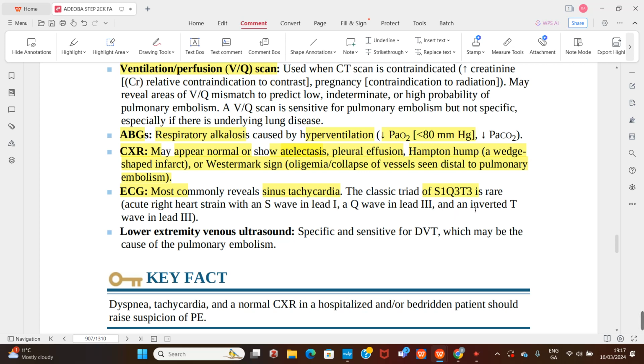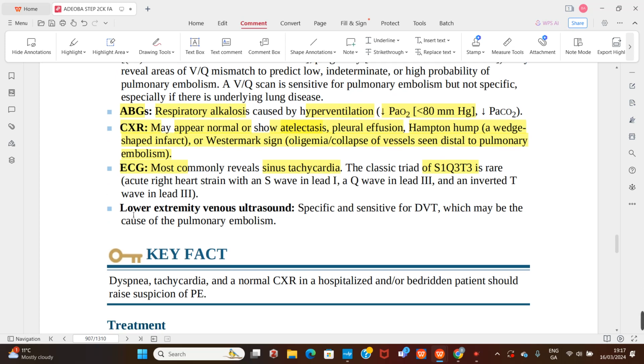Then lead 3 is going to show Q wave and T wave inversion. So you're going to see inverted T wave, a big Q wave both in lead 3, and a big negative deflection of S wave in lead 1. ECG finding, classic triad. I think we call that, is it a margin white sign now? Yeah, I can't remember. So, it's a triad of pulmonary embolism.